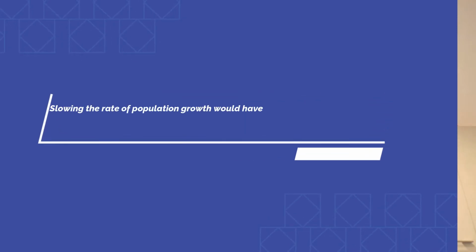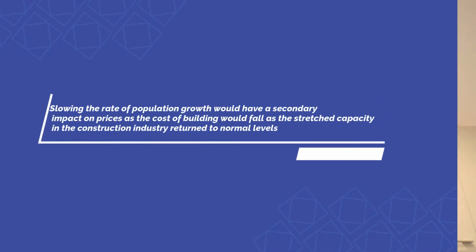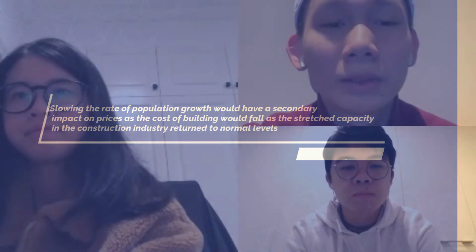Slowing the rate of population growth would have a secondary impact on prices, as the cost of building would fall as the stretched capacity in the construction industry returns to a normal level. Now I would like to introduce our planner, Sinjan.